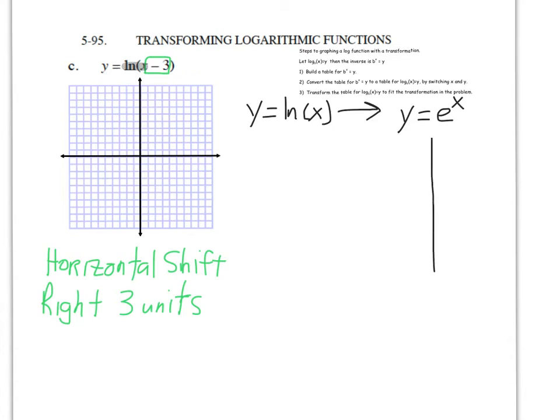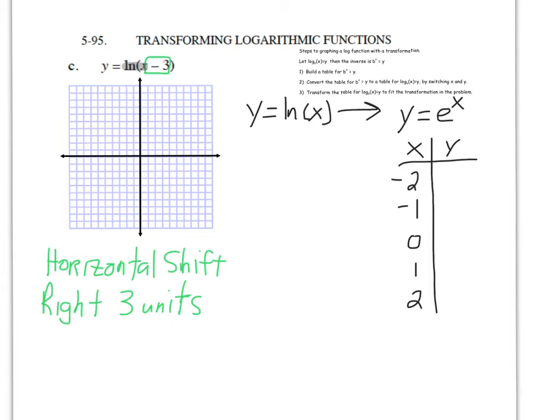Let's build a table for y equaling e to the x, x, y, -2, -1, 0, 1, 2, and then, given those x values, find the y values.